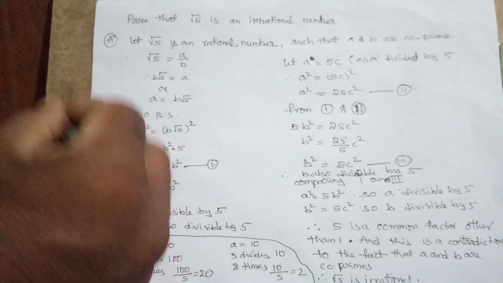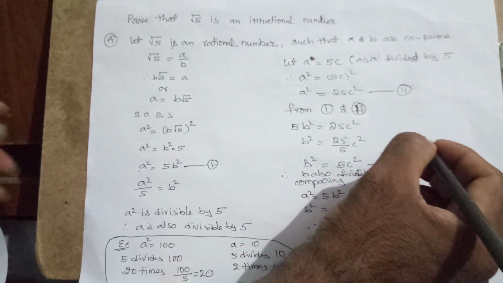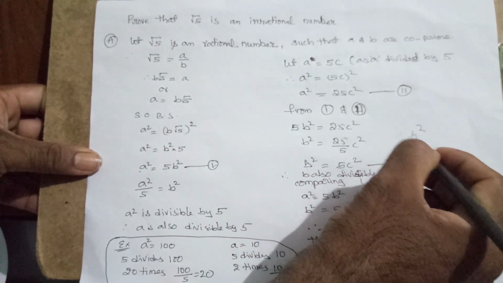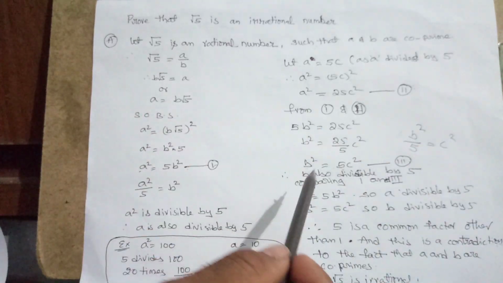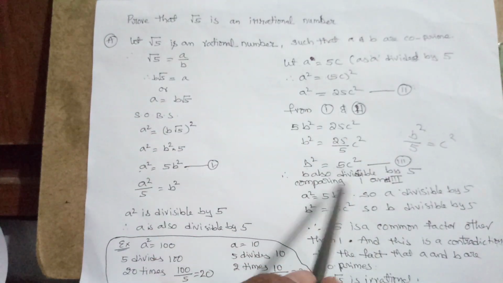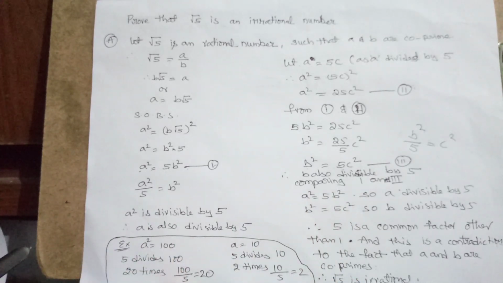Now you bring the 5 to this side. So b square by 5 is equal to c square. That means b square is divisible by 5. Therefore, b is also divisible by 5.